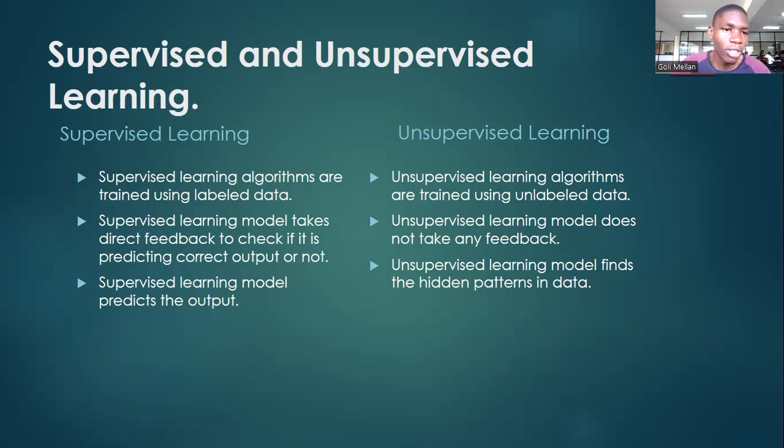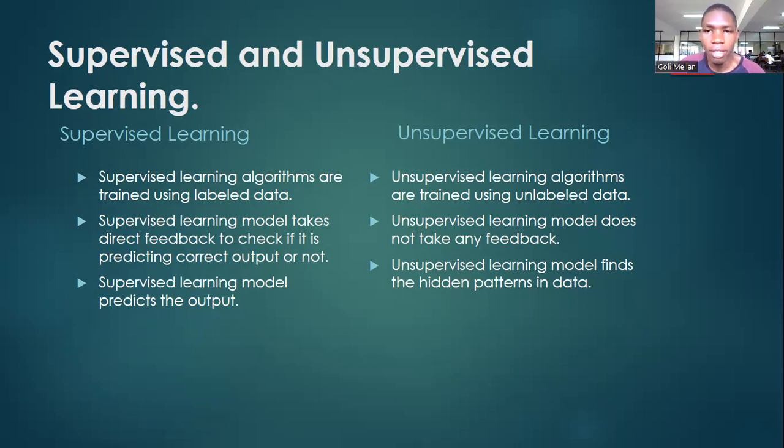Supervised learning has many advantages compared to unsupervised learning, but also the reverse is true. The supervised learning model takes direct feedback to check if the prediction was correct and its output was right or wrong.